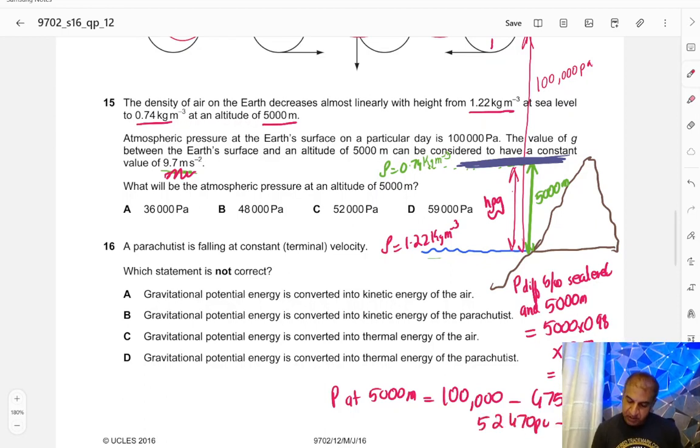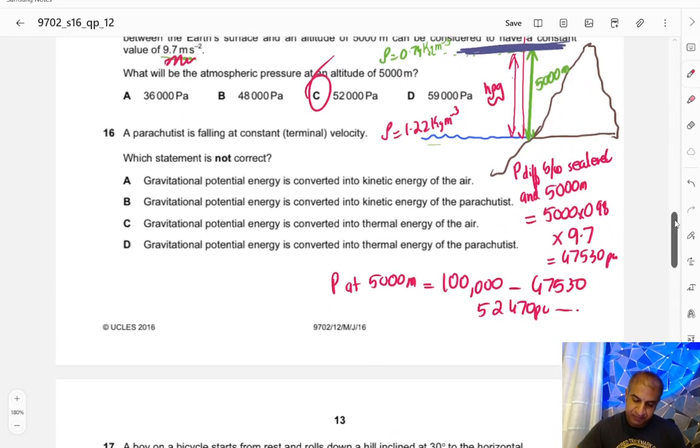We need to locate the closest value, rounding off to 2 significant figures. So C is going to be the right answer. This was a difficult question. I would recommend that you pause now and work this out yourself. Use this logic and you should be able to arrive at your answer. Let's move on to the next part.